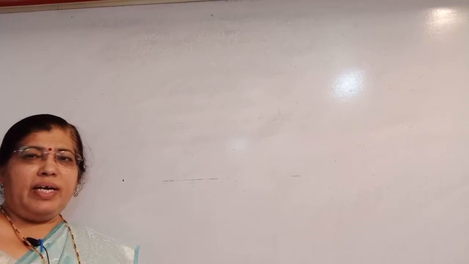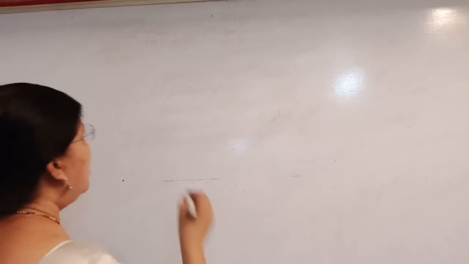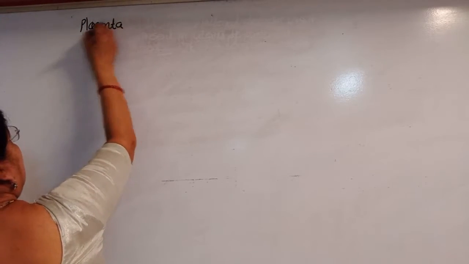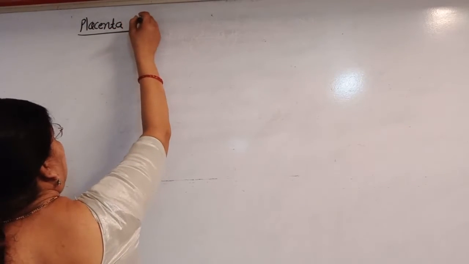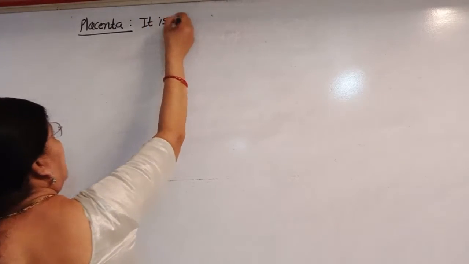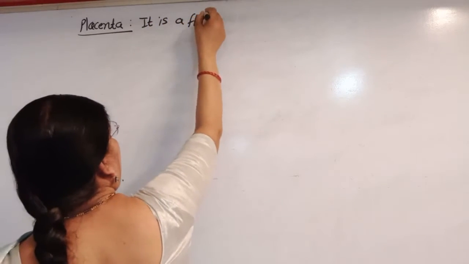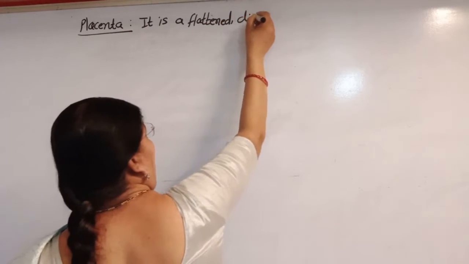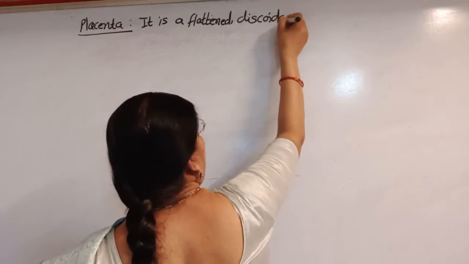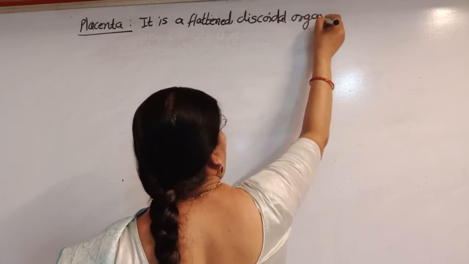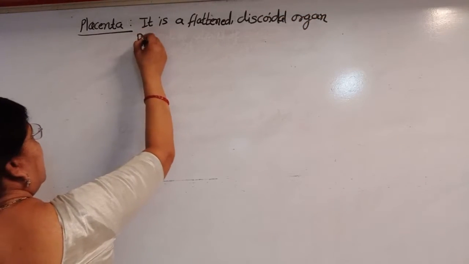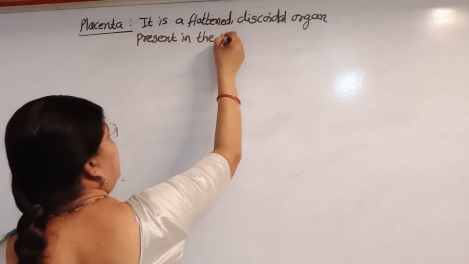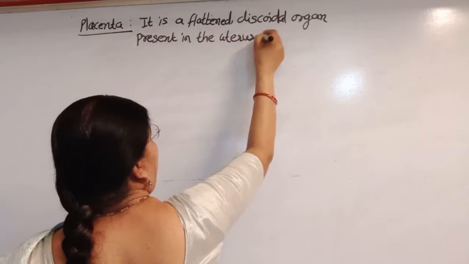In this part, we will discuss the topic placenta. Placenta is a flattened discoidal organ present in the uterus of pregnant woman.